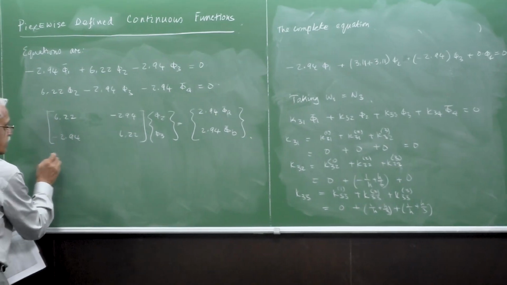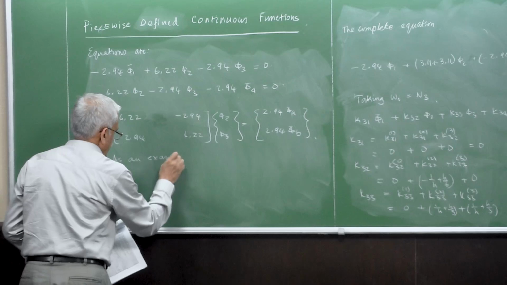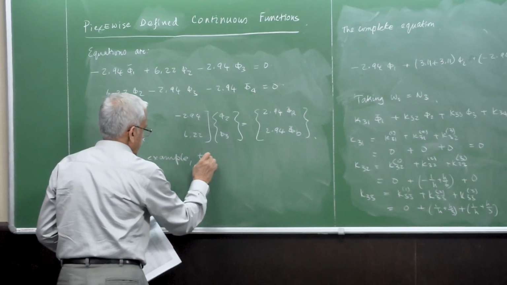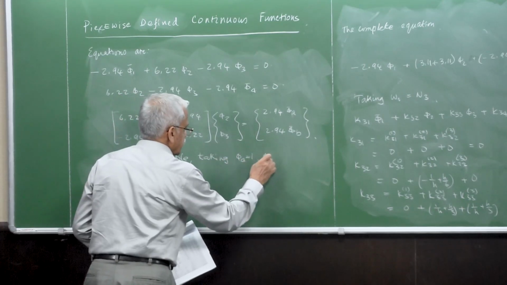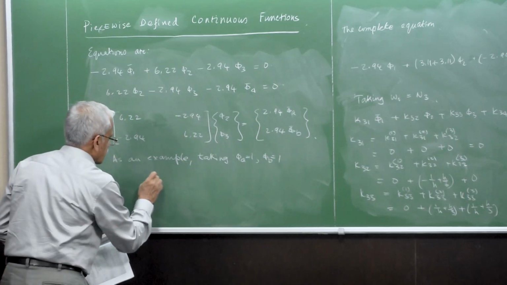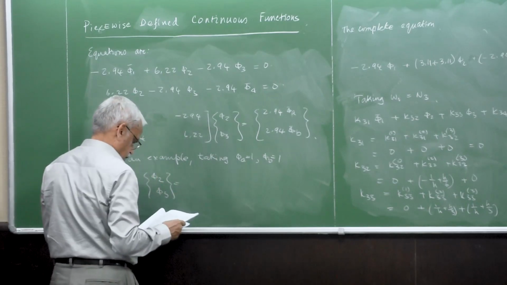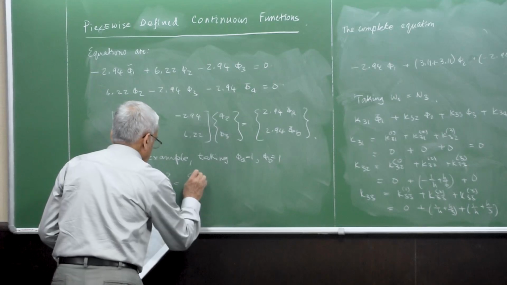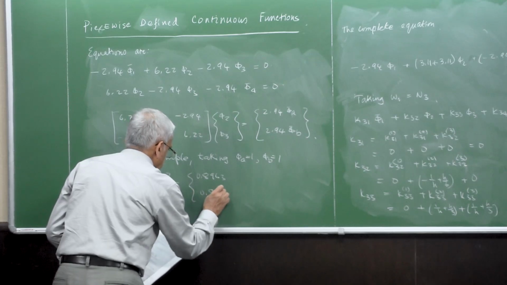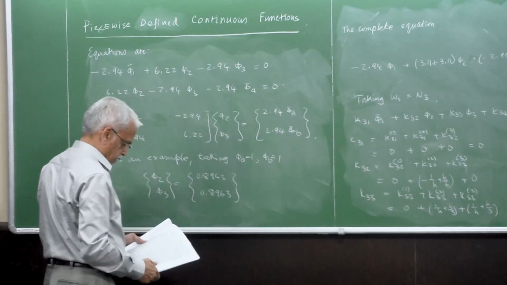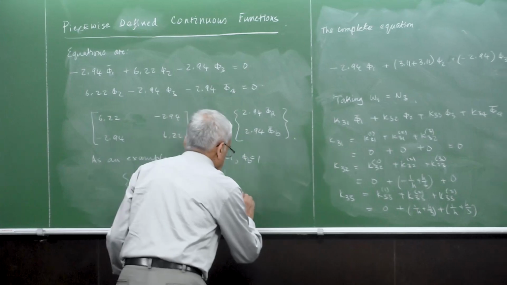So as an example, taking phi a is 1 and phi b is 1. So we get the solution phi 2 and phi 3 as 0.8963. Of course, simple problem, but they're same. Okay, so that means that finally, what is the solution then? I'll just draw it here.